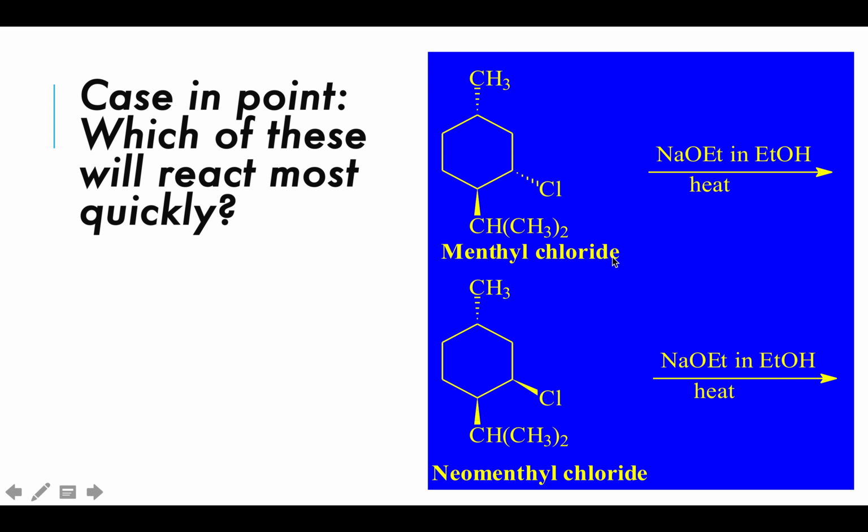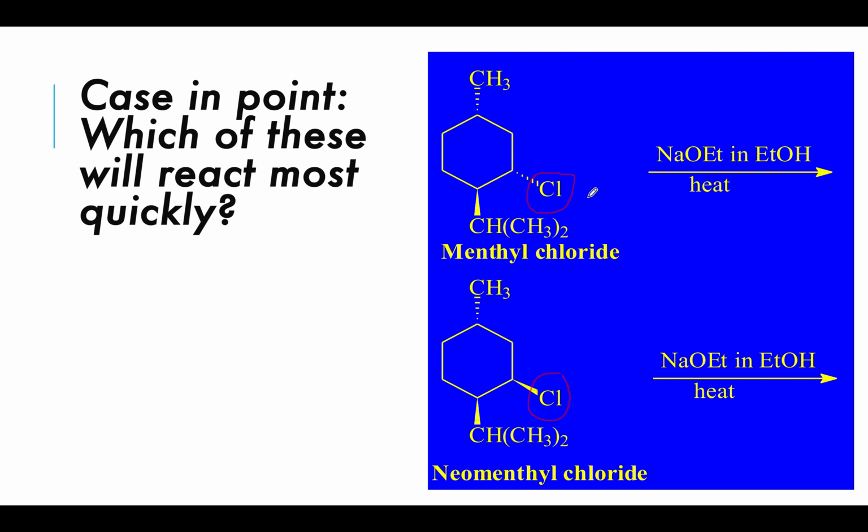So how do we solve a problem like this? You look at your substrate. You have your leaving group, which is obviously your halide. What else do you have to consider? You have to consider the stability of these.